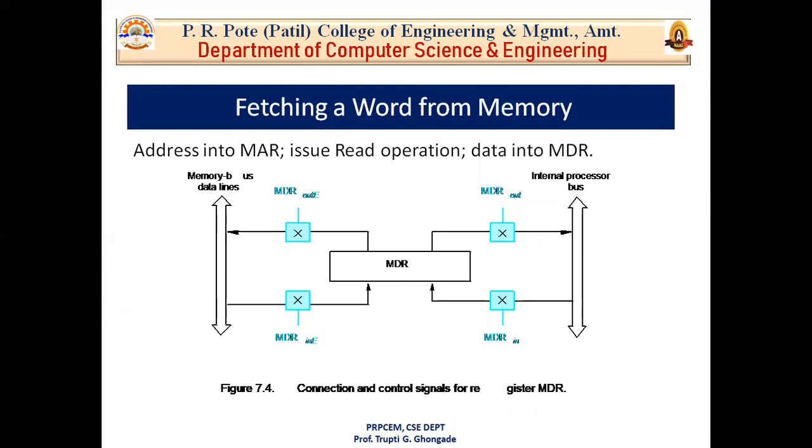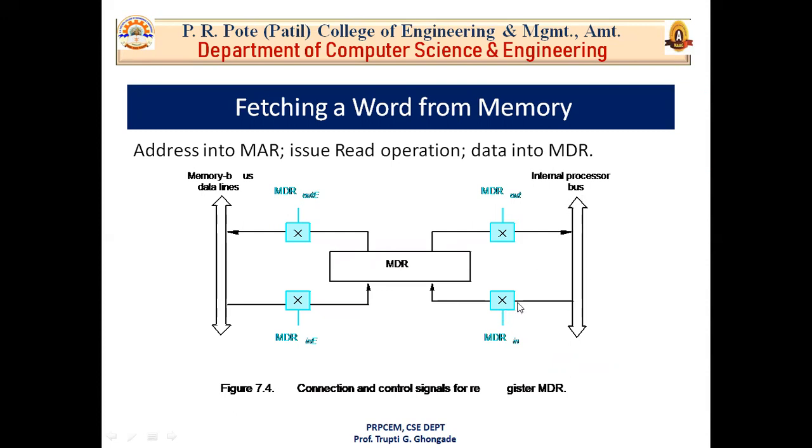Now let's see the connections of register MDR. This MDR has two input lines and two output lines. First, MDR in and MDR out. This is not clearly visible, but this is MDR in and this is MDR out, which is connected to the processor bus.